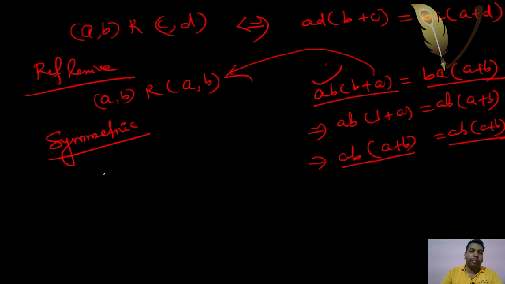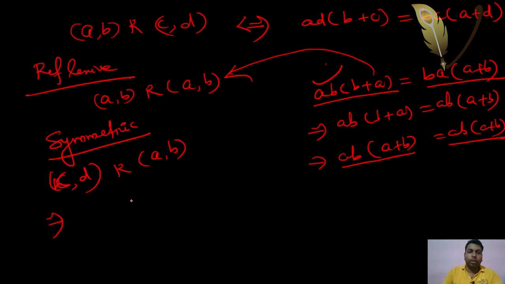Now symmetric. If (a, b) related to (c, d), that implies ad(b + c) equal to bc(a + d). We need to show (c, d) is related with (a, b).